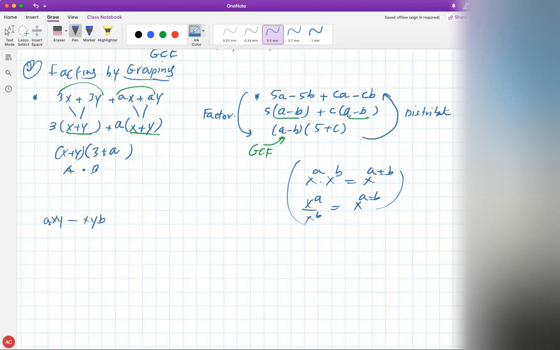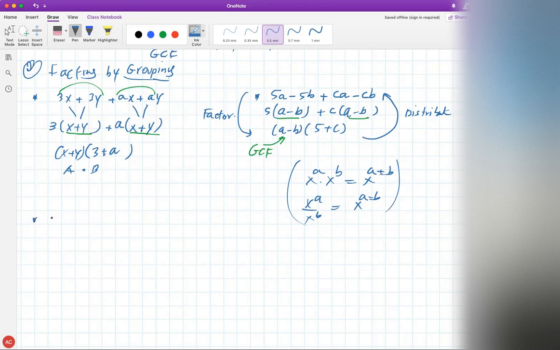We did that already. So that's pretty much how factoring by grouping works. You just basically combine, not combine, but group each 2 terms together to make a common factor.